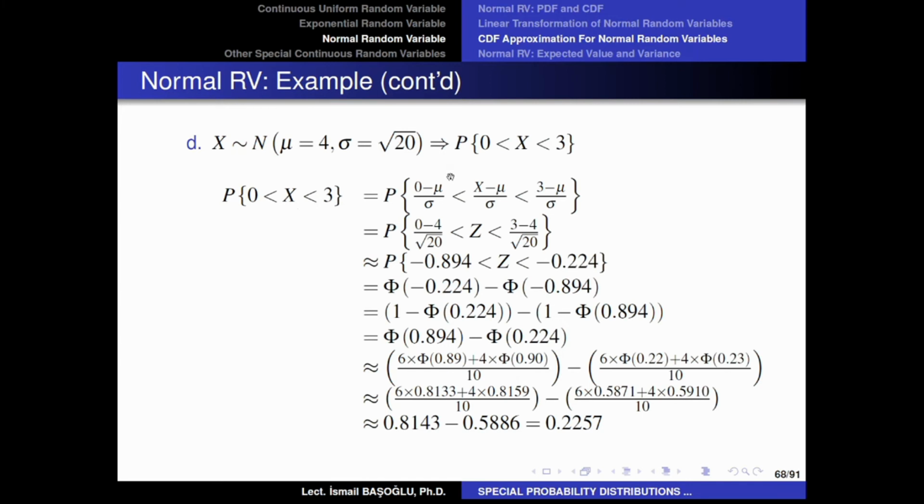This time you are going to apply standardization to all three parts of this inequality. So from 0, you subtract the location parameter and divide by the scale parameter. Apply the same for capital X and the 3 value here. And when you do that, the middle is going to become a standard normal random variable, and the boundaries are going to be calculated as minus 0.894 and minus 0.224.